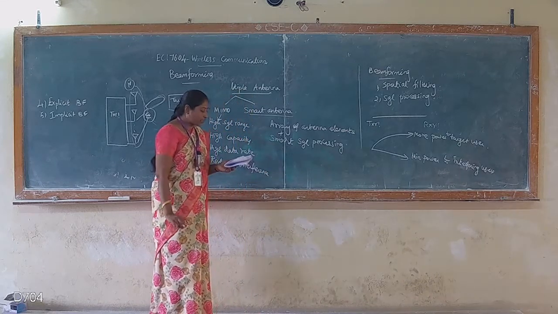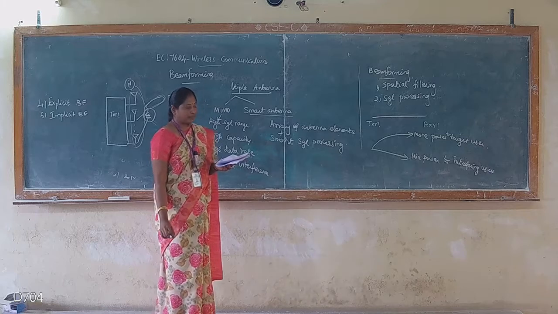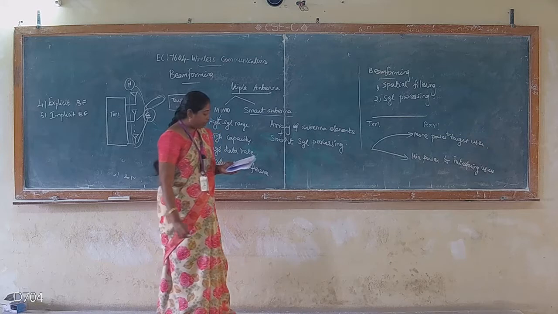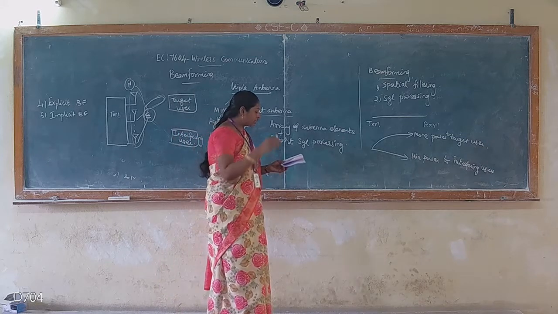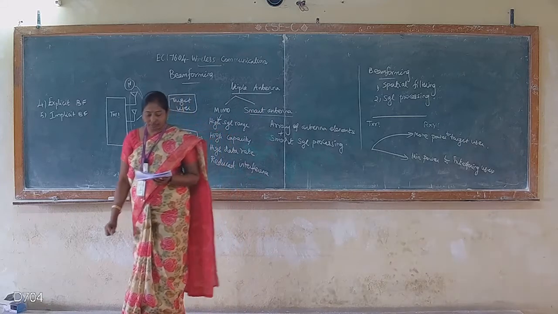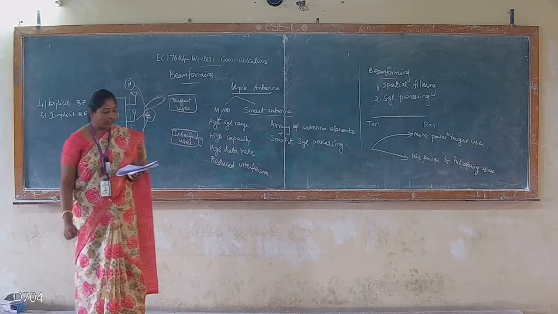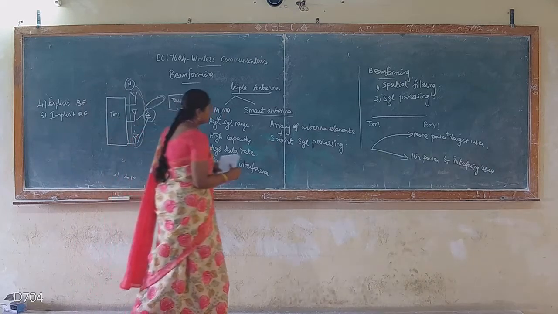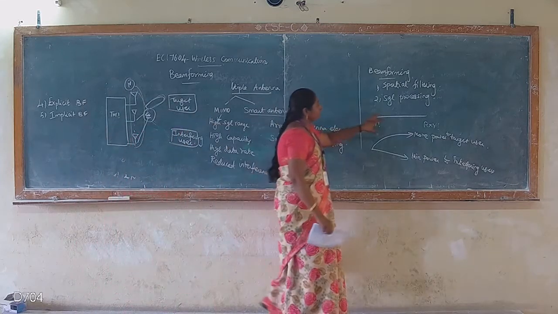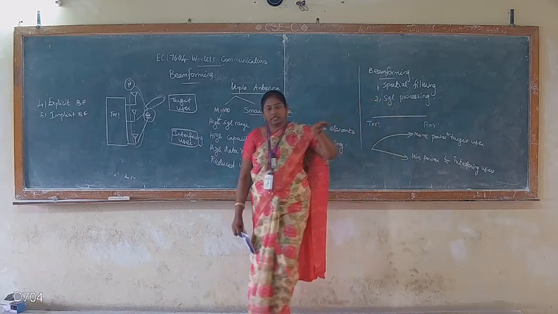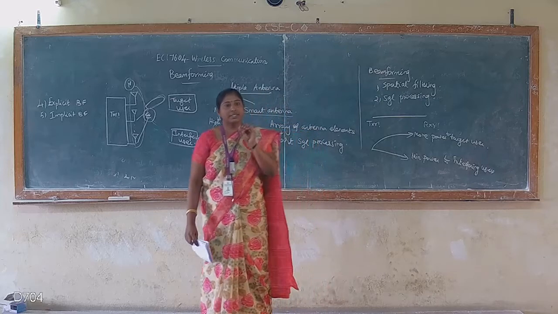It uses an array of antenna elements, and the antenna elements are combined in such a way that signals at particular angles experience constructive interference while signals at other angles experience destructive interference.